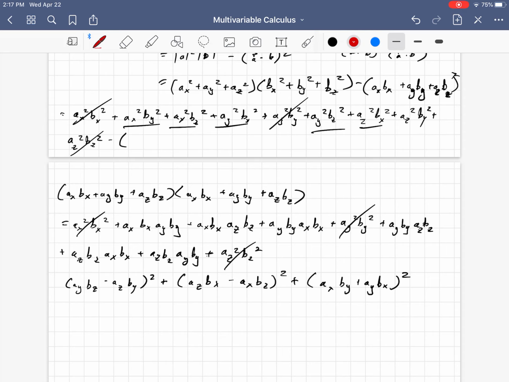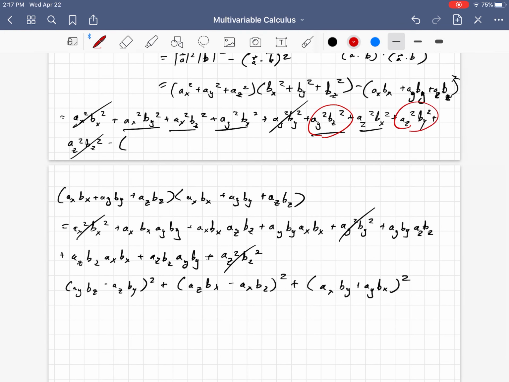Now, how can I get that? Okay. Well, let's just see what I can do here. I have a sub y b sub z. I need a sub y squared b sub z squared. Where is that? That's right there. Now, I need a minus. Well, I also need a sub z squared b sub y squared. That's right here.